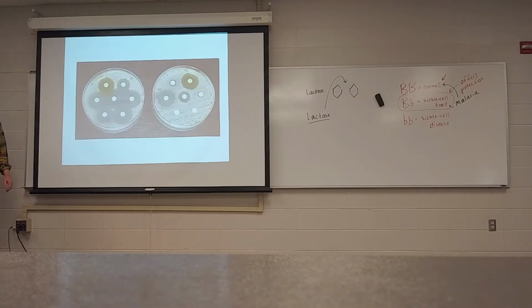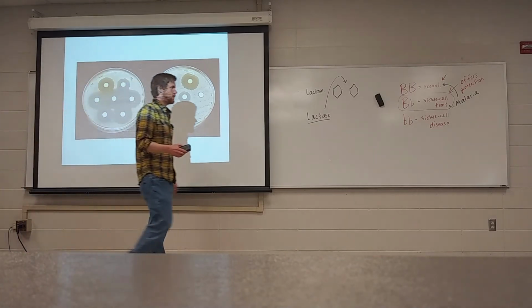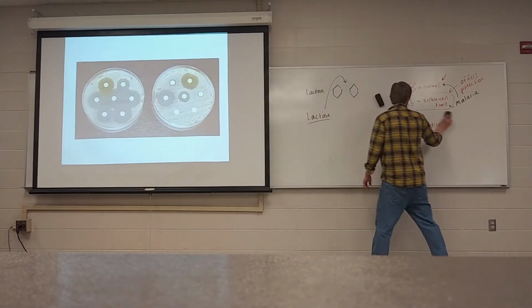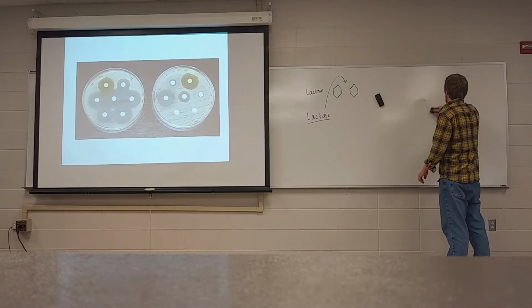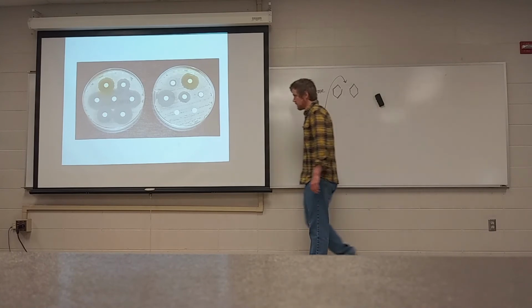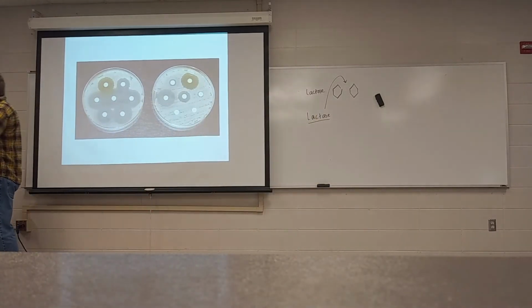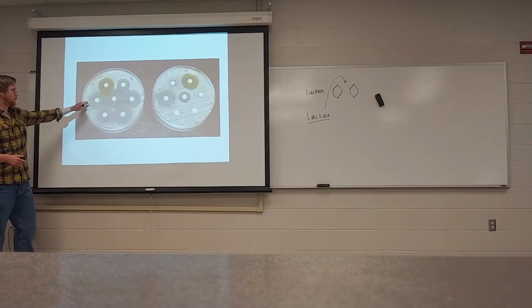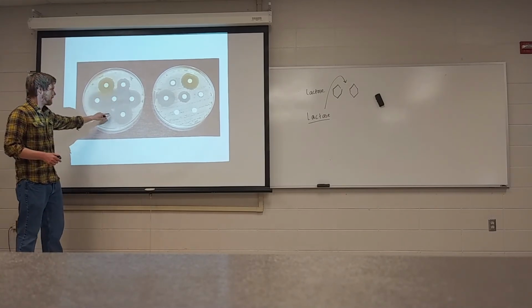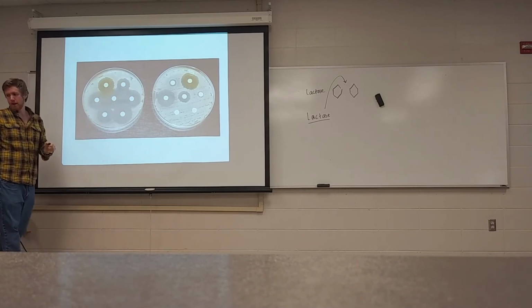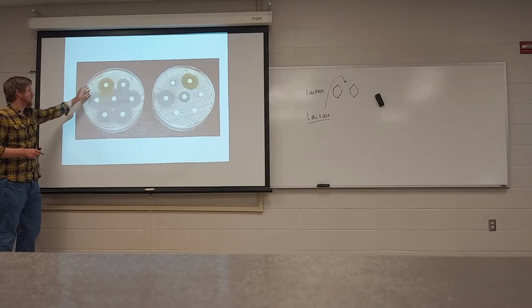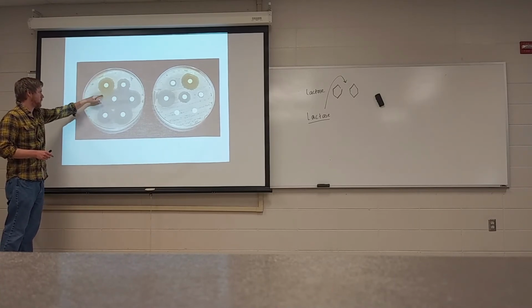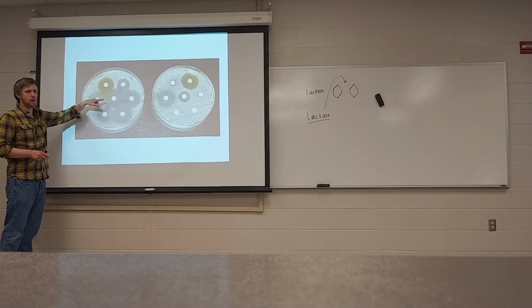Here's one other example of a mutation and how natural selection favors certain mutations, and then we'll get to artificial selection after this. So we have two petri dishes here with antibiotic discs. The one on the left has antibiotic discs that are functioning as they're supposed to. They're preventing this whitish bacterial growth within a certain radius around the disc.